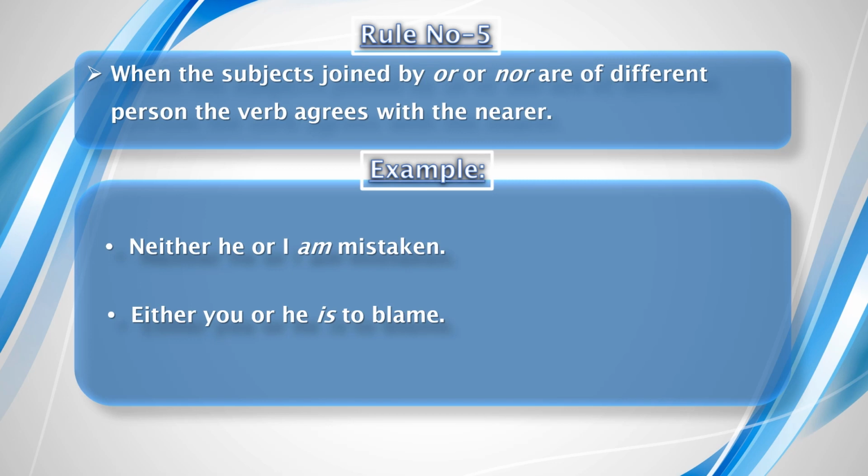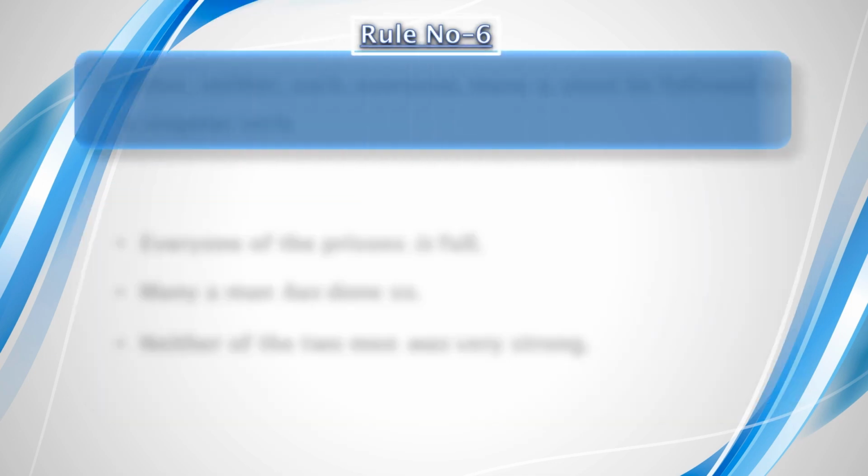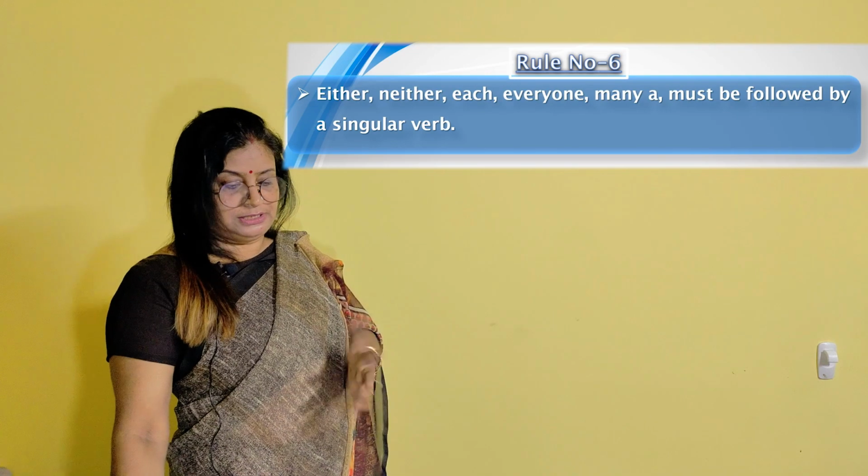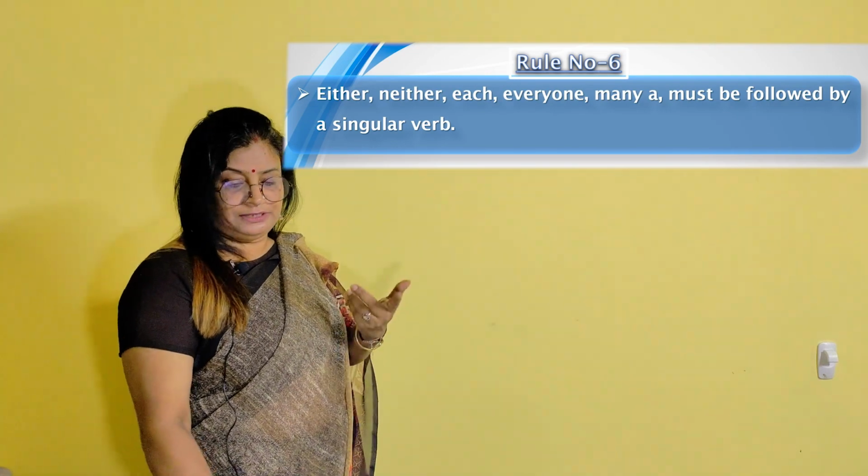So this is another thing you should always bear in mind: either, neither, each, everyone, many, all these words must be followed by a singular verb and not with a plural verb. So whenever you write, you should always remember.